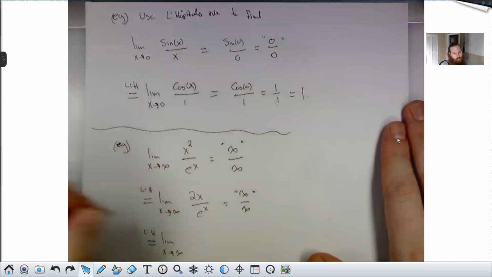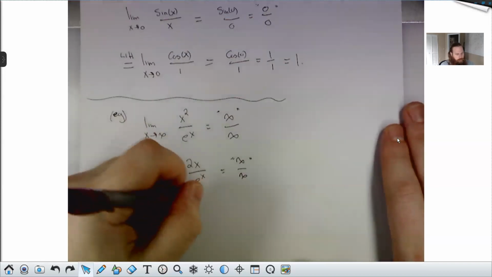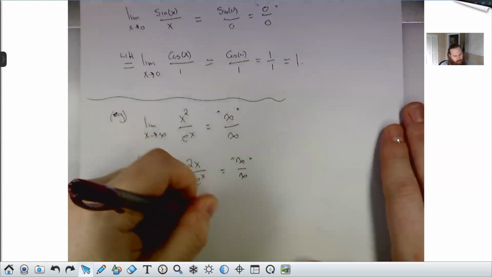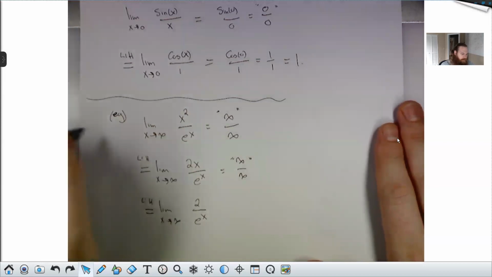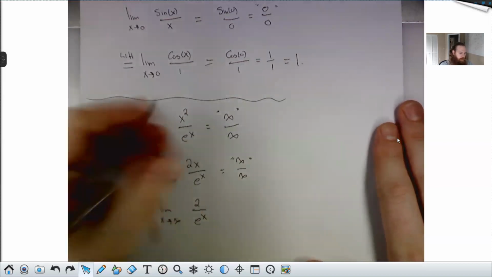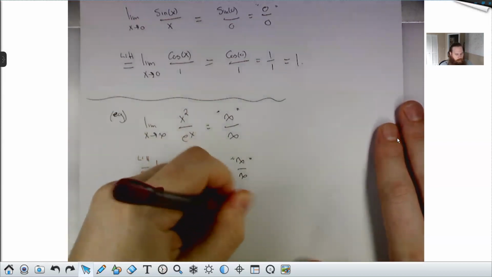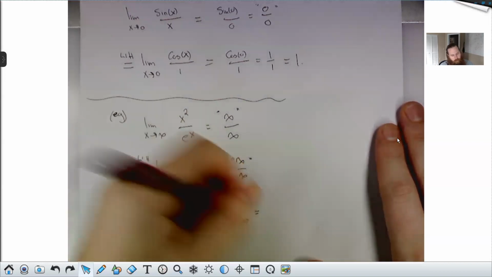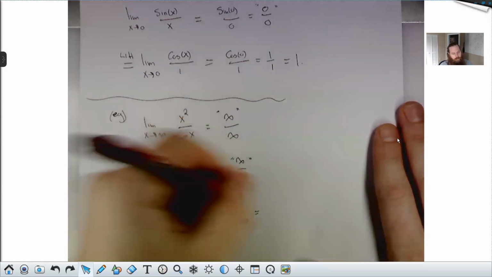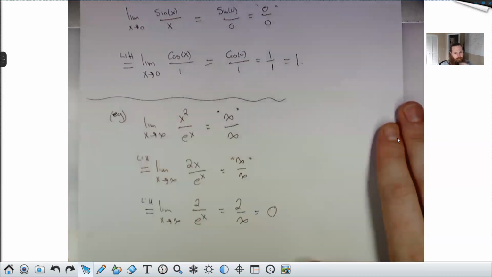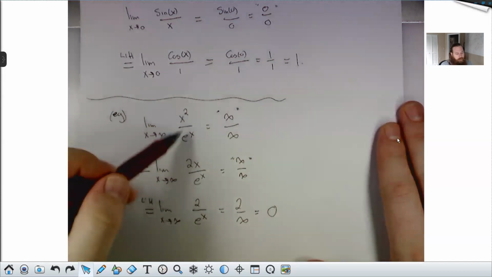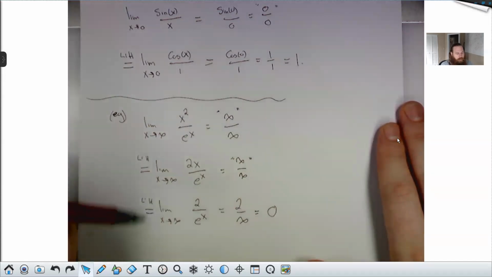So now the derivative of the top, the derivative of 2x, is just 2. The derivative of the bottom is still e to the x. So this is 2 over e to the x. That's 2 over infinity. No need for quote bunnies there because 2 over infinity is 0. And that's it. So the limit as x goes to infinity of x squared over e to the x is 0.